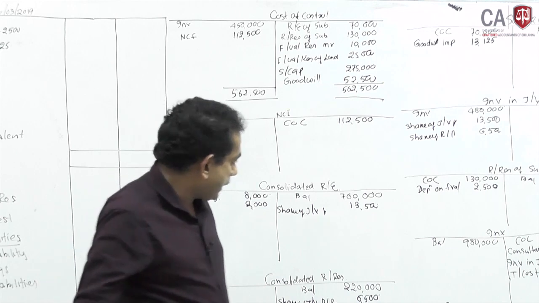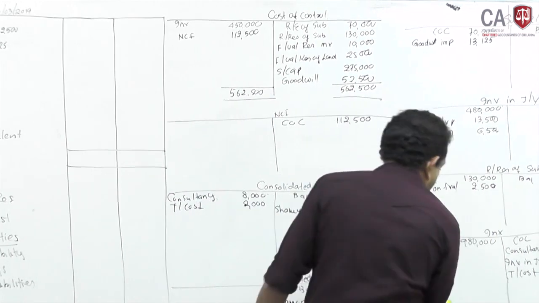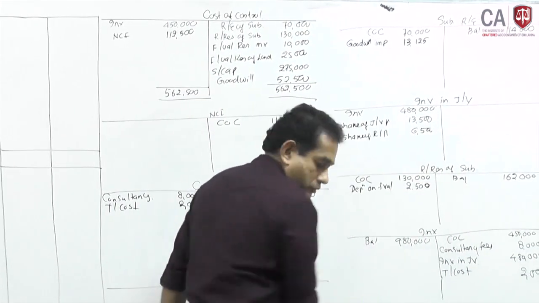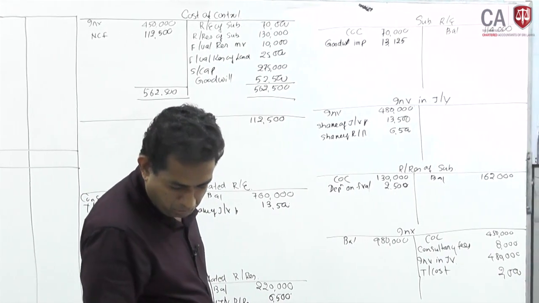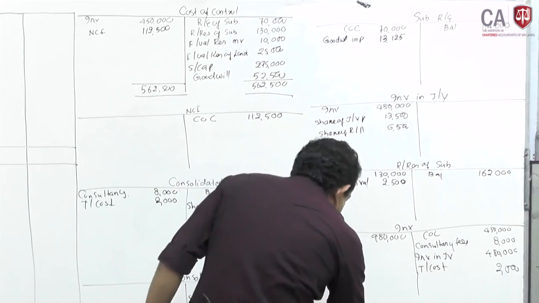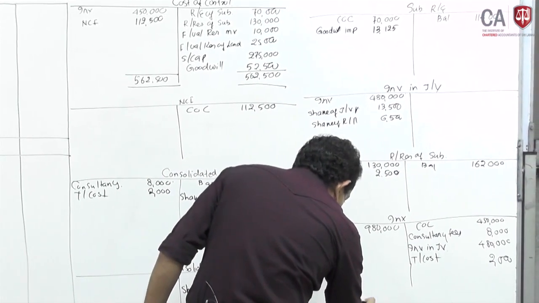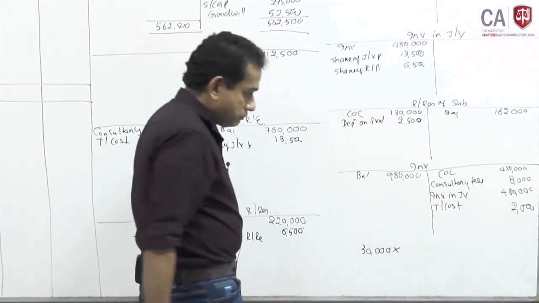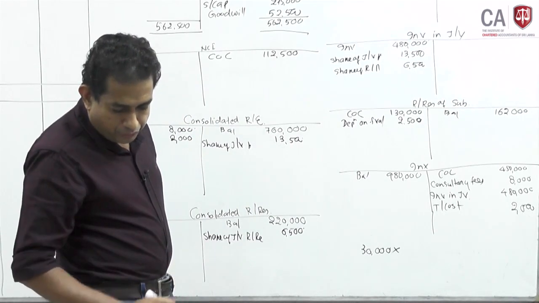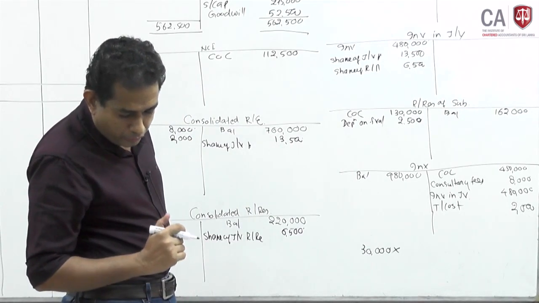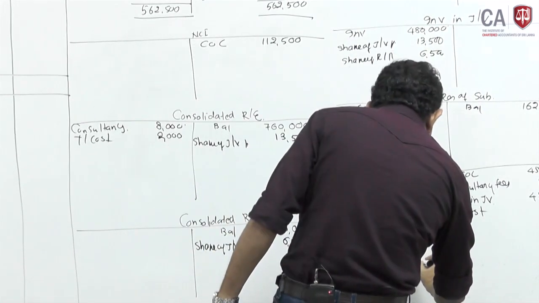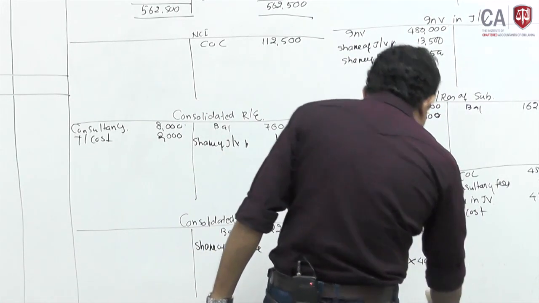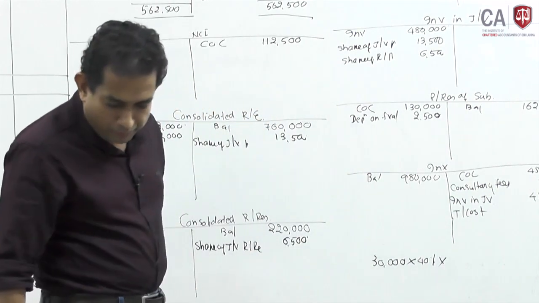We will recognize unrealized profits. 30 million has been the value of goods sold, and we should recognize unrealized profits only on the remaining inventories of 40%. 30,000 into 40%, what has been the profit markup?